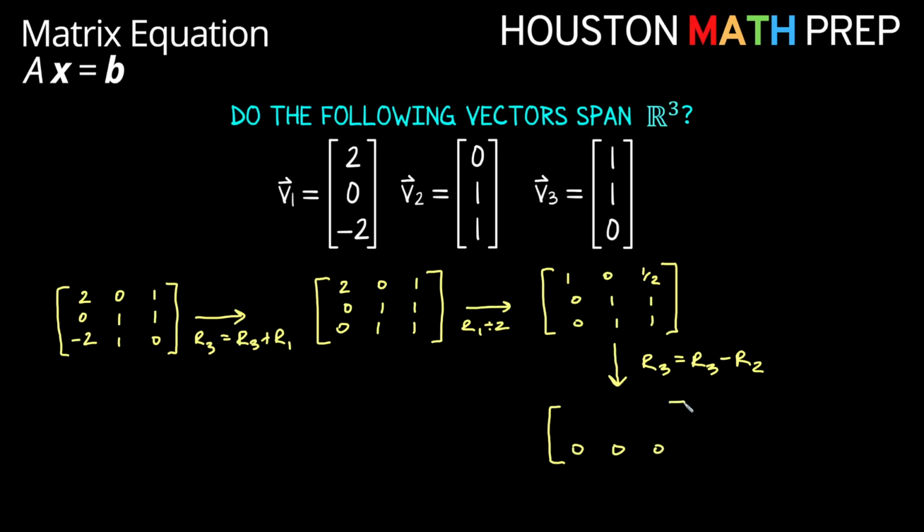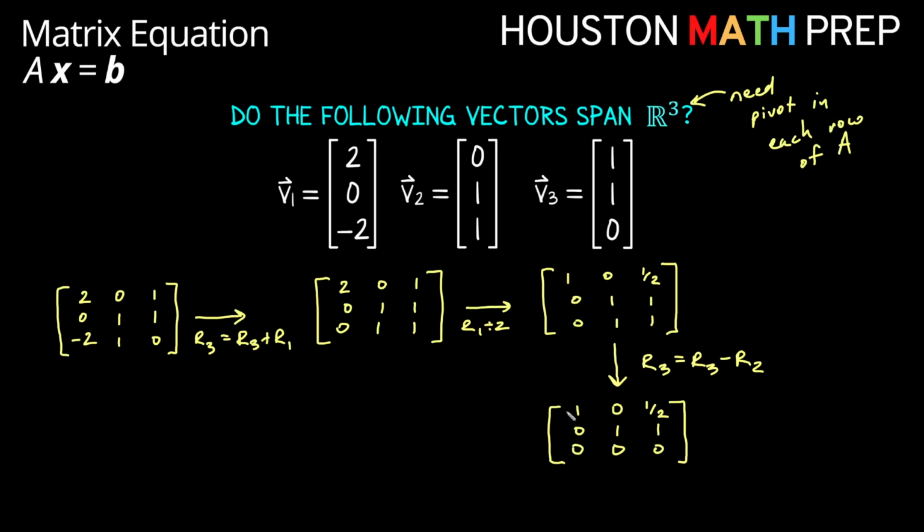So in trying to reduce just the one entry, you can see we actually reduced the entire row to all zeros, which is okay if we're looking for a consistent system. But what we're looking for here is, do the following vectors span R3? And remember, to do that, we said we need a pivot in each row of our matrix A that we made from our vectors here.